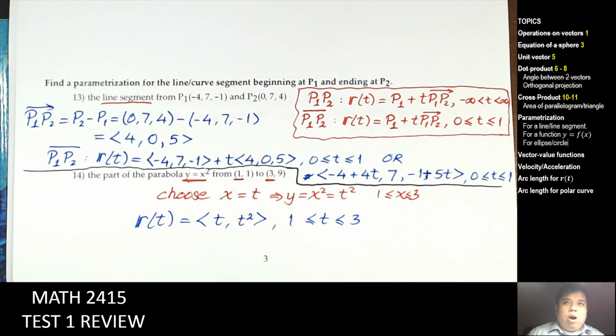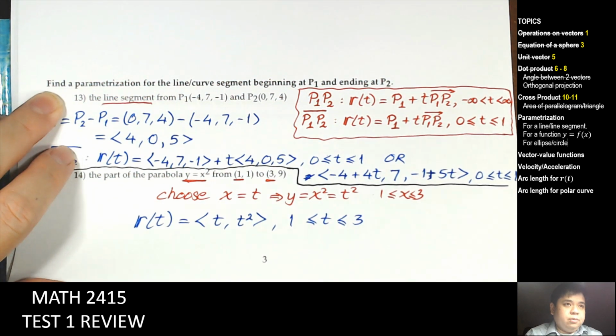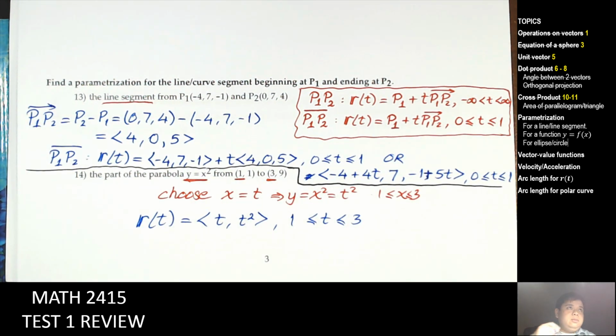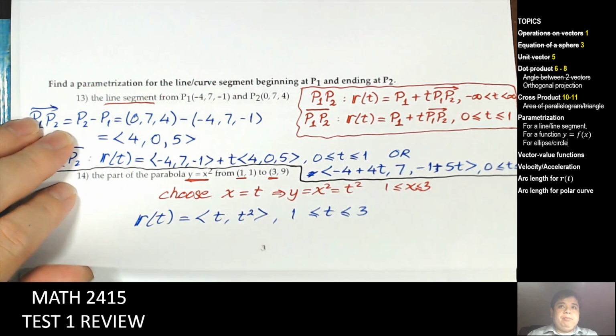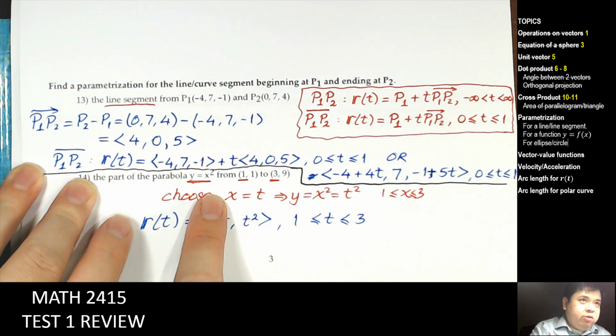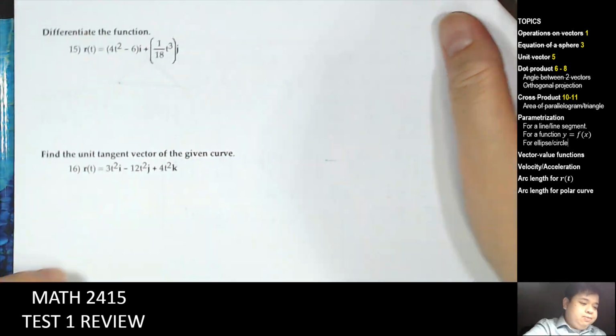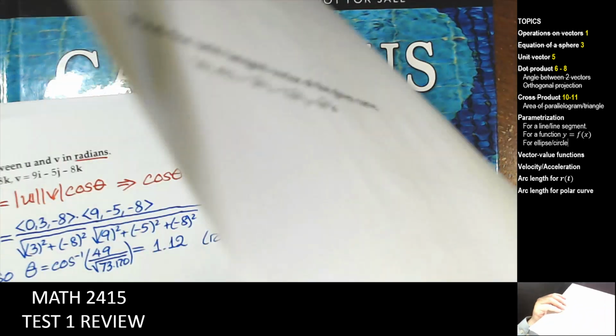So that is the parameterization of a function. If we have y as a function of x, let's just let x equal t and y will follow. Okay.